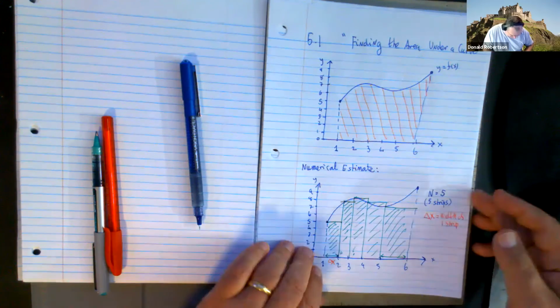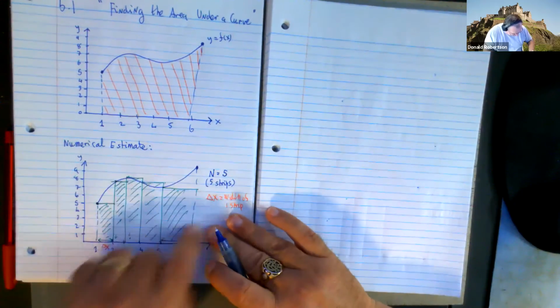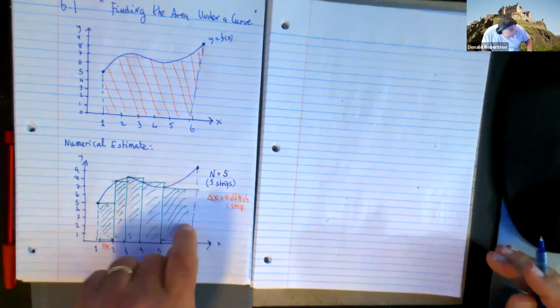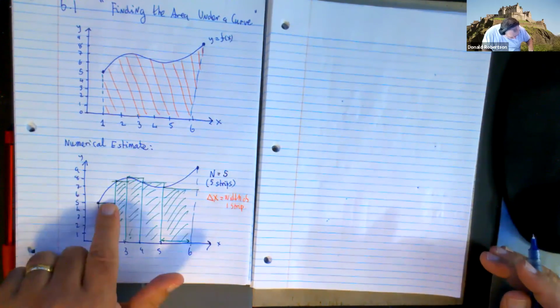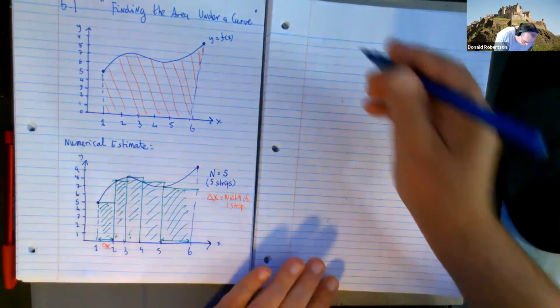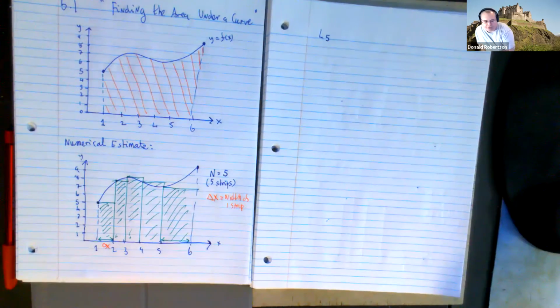Let me see if I can very crudely come up with an estimate using these rectangles. There are 5 of them, and each rectangle was formed by using the left-hand side of the strip, and they are called L5. That's the notation we will use.